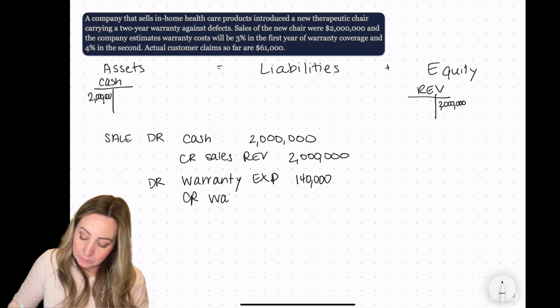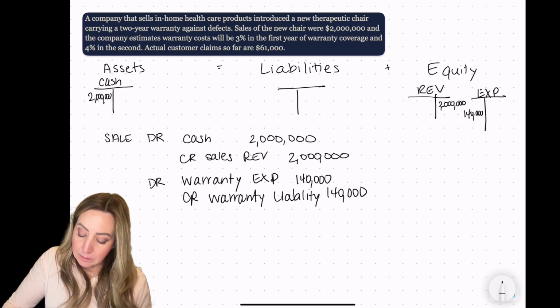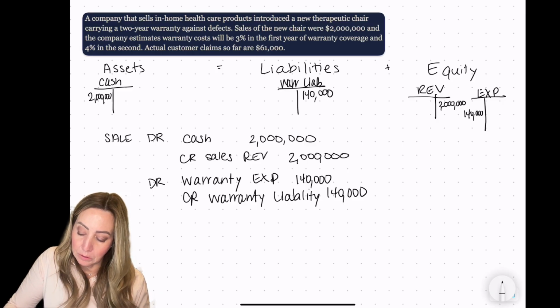And we'll credit warranty liability. So by doing this, we get this $140,000 cost on the current year income statement, matching the revenue and expenses. And then under liabilities, we'll put warranty liability of $140,000.